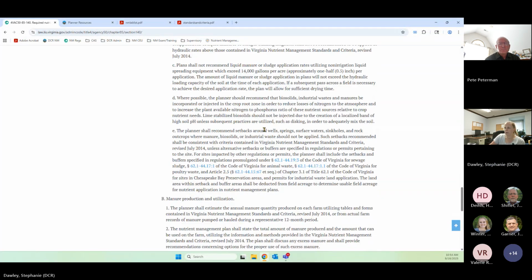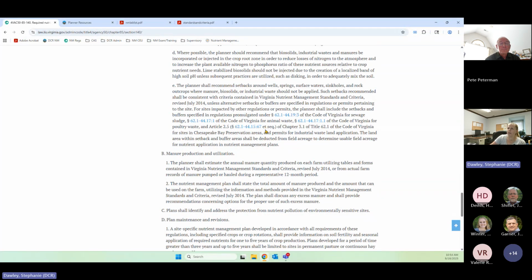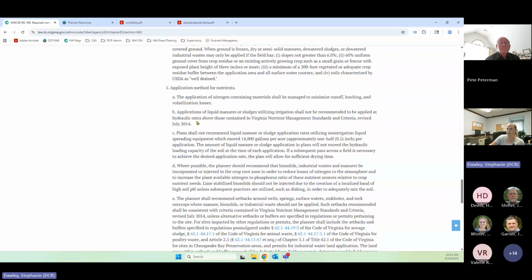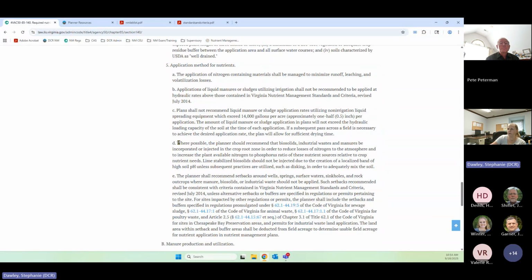And then to close out, because we are getting towards the end of time, application methods for nutrients. This is basically looking at nitrogen materials being managed to minimize leaching and volatilizing. So that really follows splitting that application. And applications of liquid manures or sludges using irrigation shall not be applied at hydrologic rates above those in the standards.